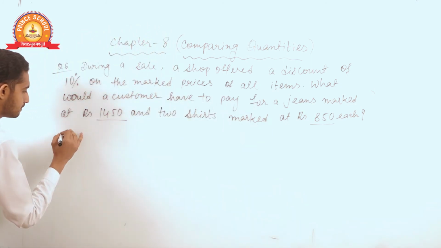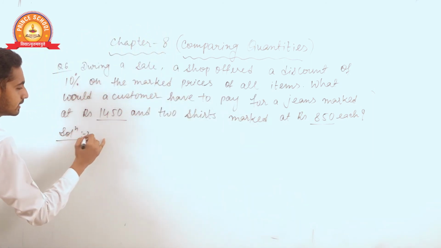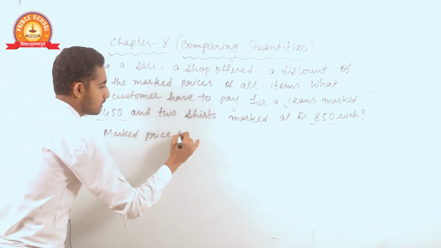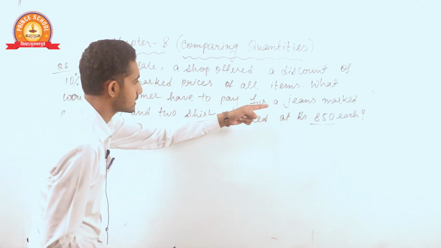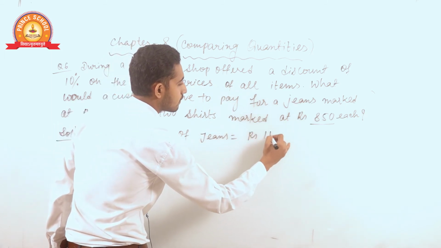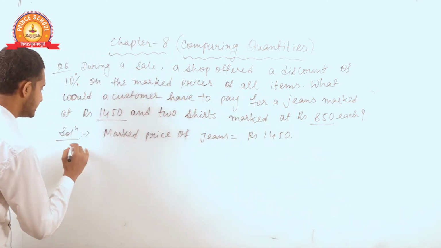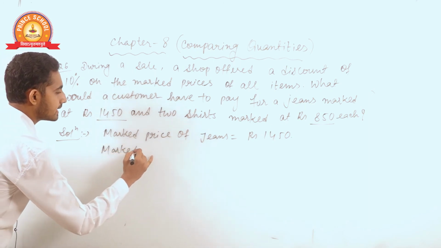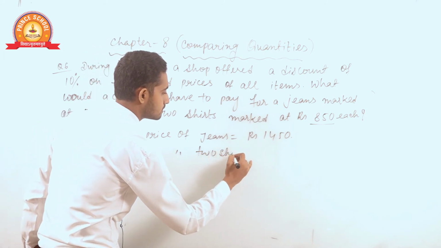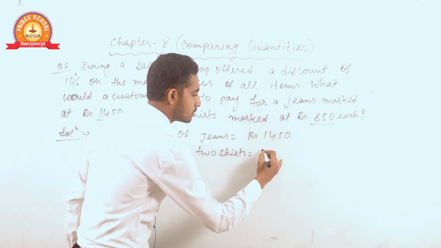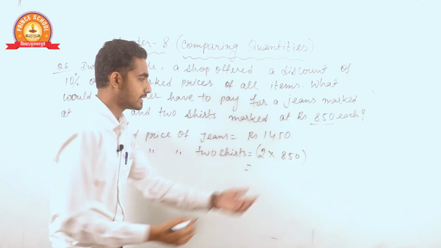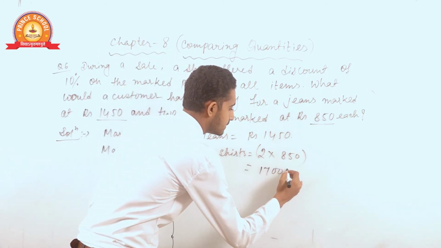So you can say, solution start. Mark price of first of all jeans. So mark price of jeans is equal to rupees 1450 and mark price of 2 shirts is equal to 2 multiplied by 850, and 2 multiplied by 850 is 1700 rupees.